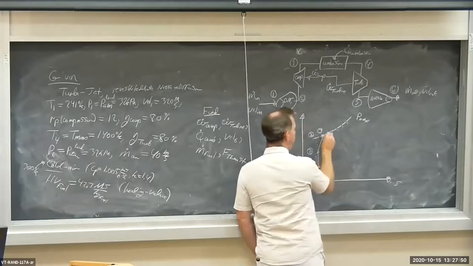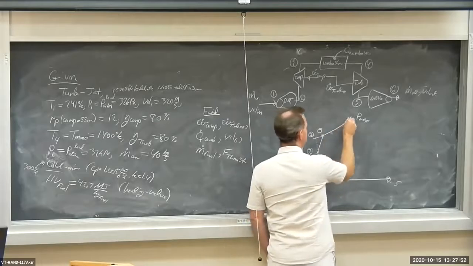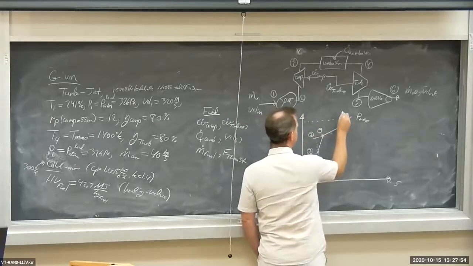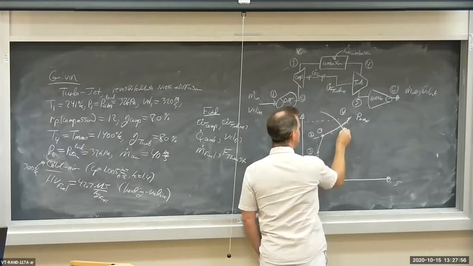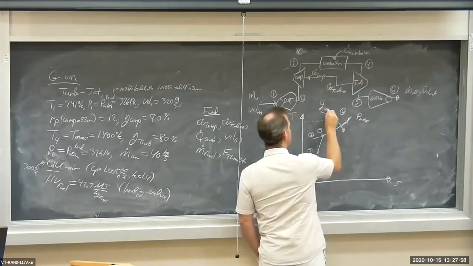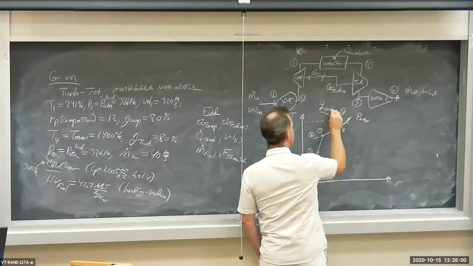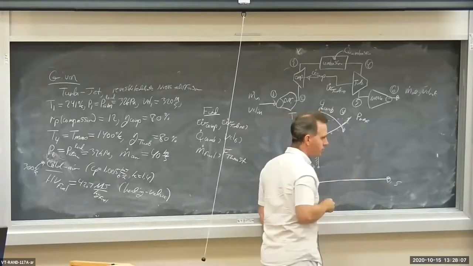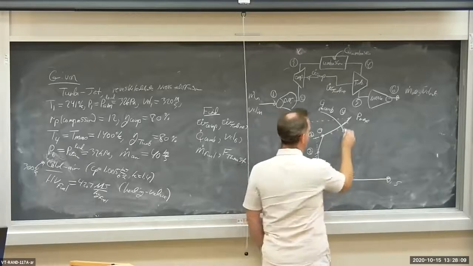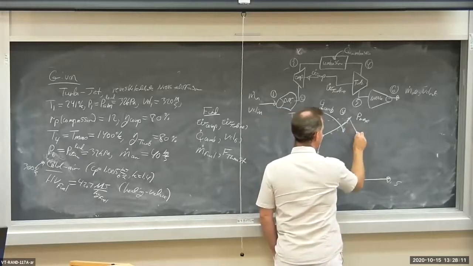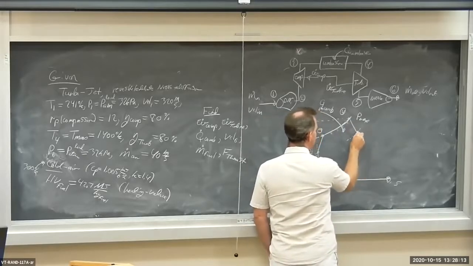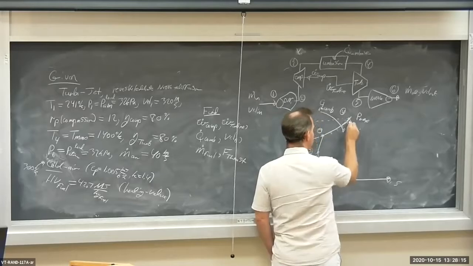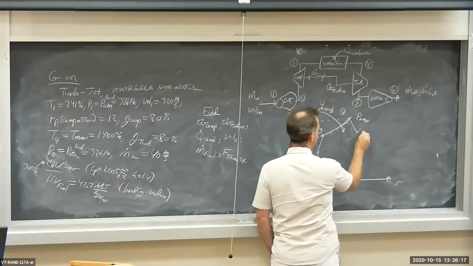And then we have heat addition up to a maximum temperature, T4. So here's the heat addition, Q in the combustor, occurring from 3 to 4. And then we have expansion in the turbine, from 4 to 5.